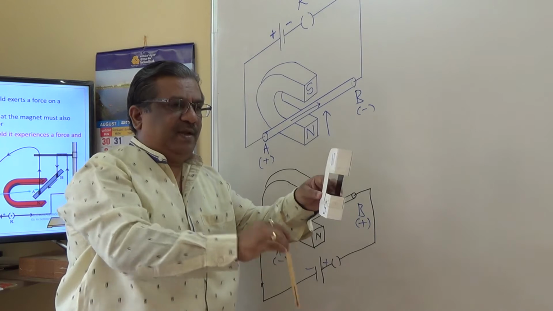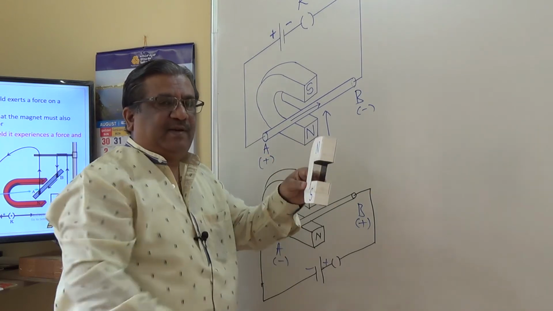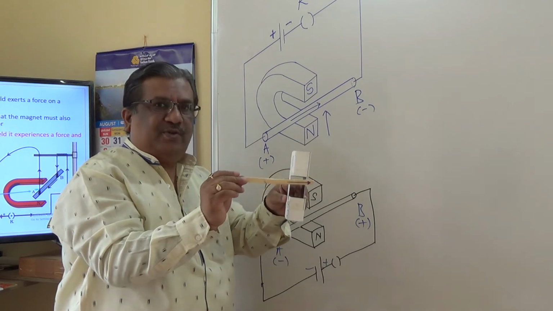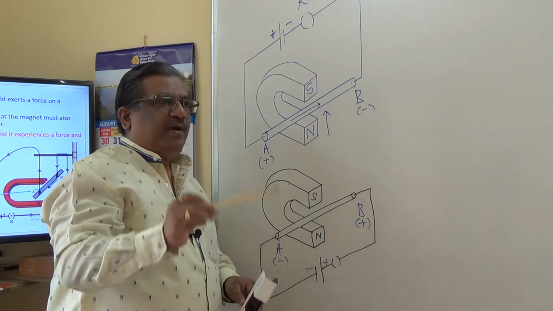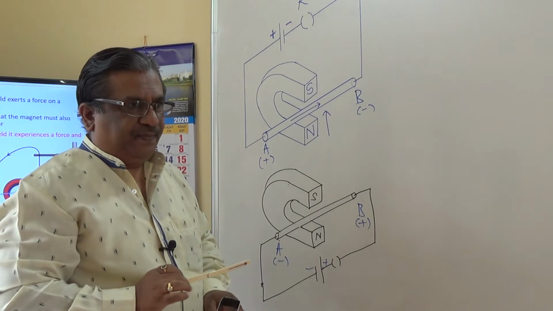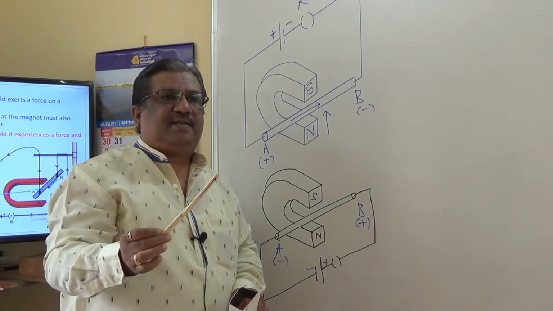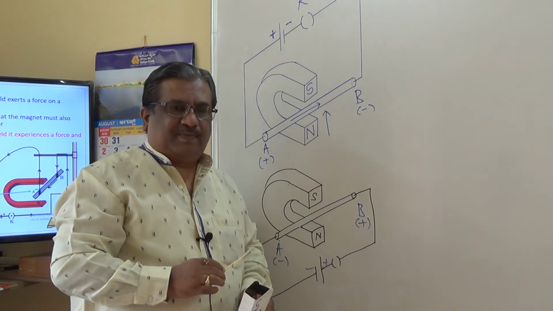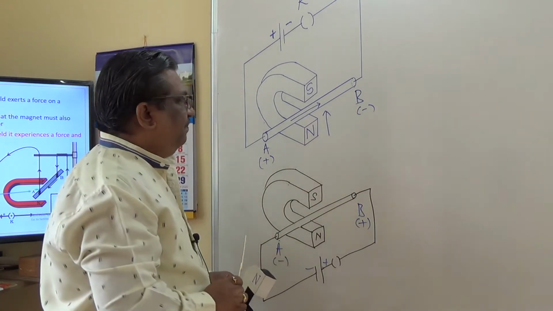Magnetic field is this way, current is this way, and therefore the magnetic field and the current are mutually perpendicular to each other. Only in this case the conductor experiences a maximum force and thereby the maximum displacement. That you should keep in mind.